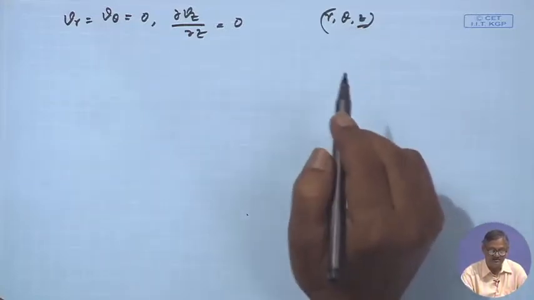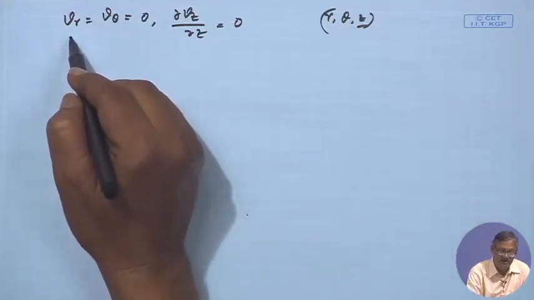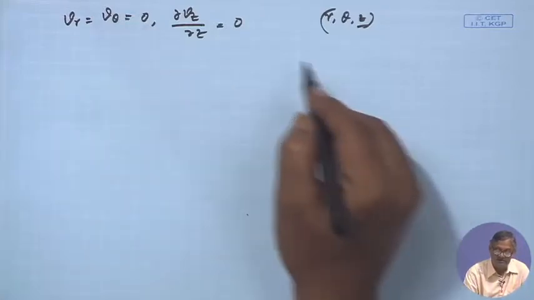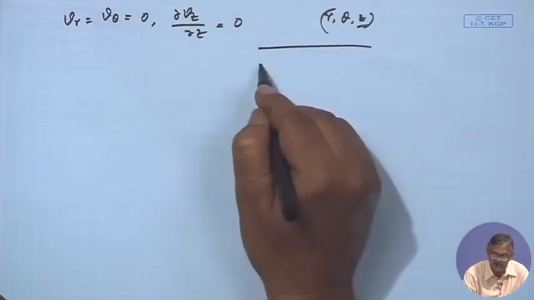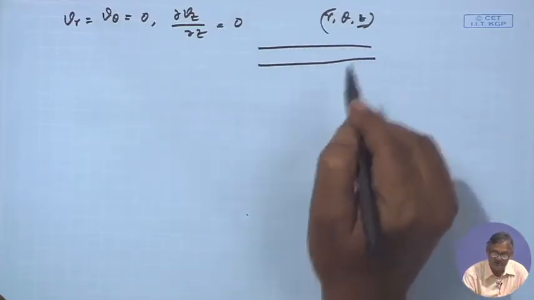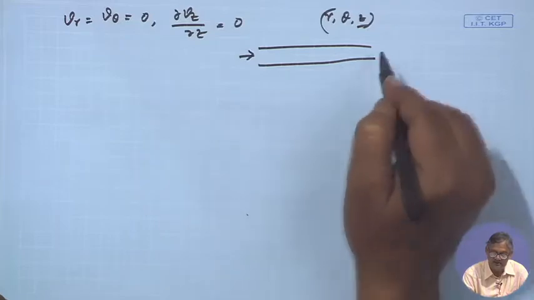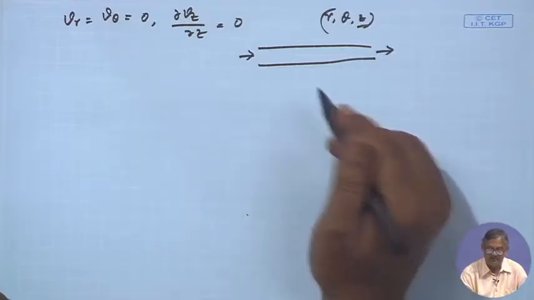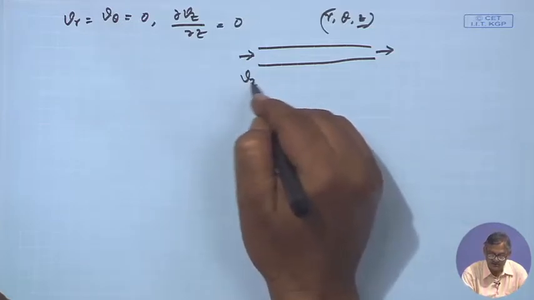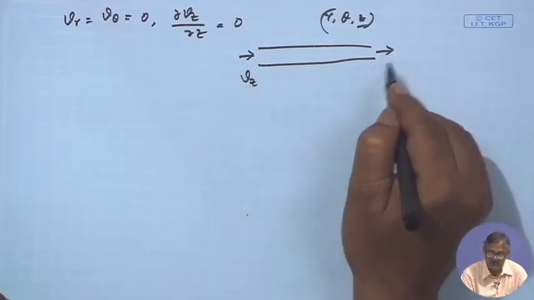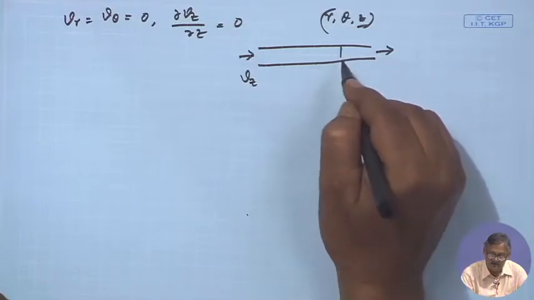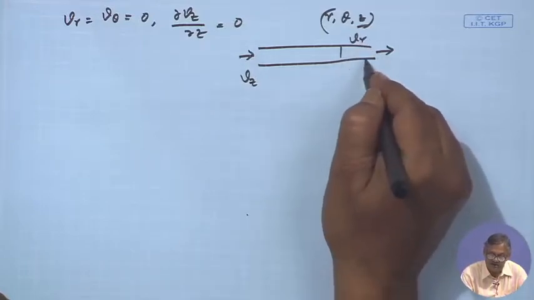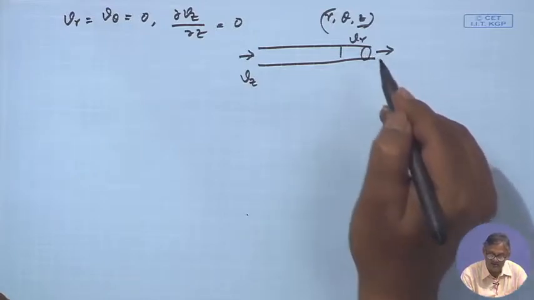So, with r, theta, z, V r is equal to V theta is equal to 0, because what we are supposed to find out is that V is flowing like this. It is V z which is flowing like that, and V r and V theta are those which are like that.